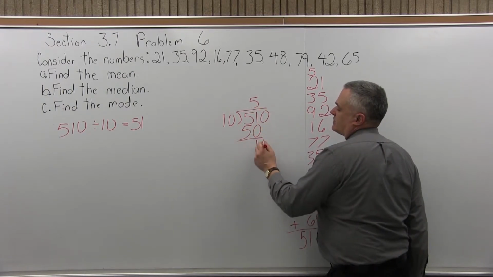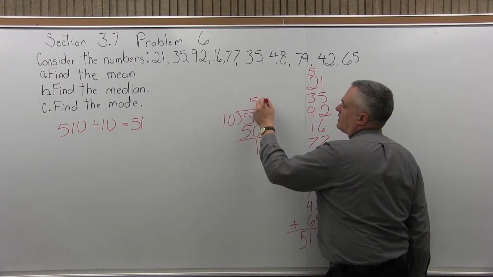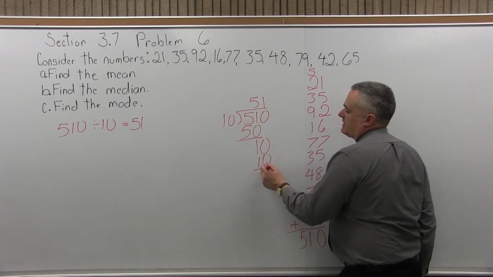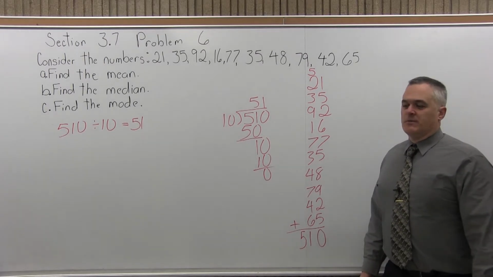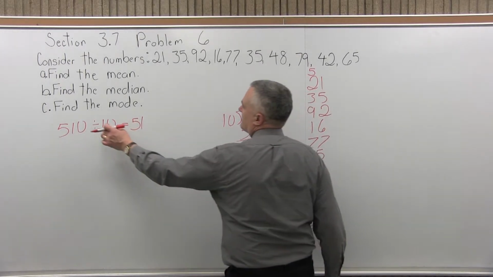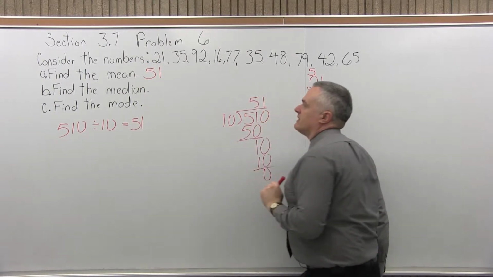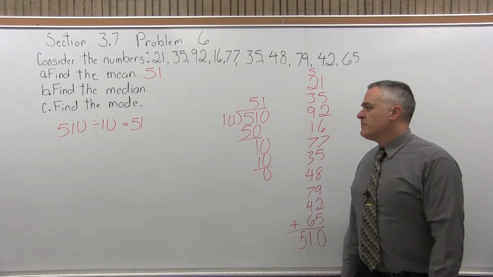Bring down the next digit, which is a 0. Put the 0 next to the 1, you make a 10. 10 divides into 10 once. 1 times 10 is 10. 10 minus 10, 0. And there's the 51. Again, I could see it because of the way the zeros match up. Usually dividing by 10 is easy, but if it's not, it's easy enough to figure it out the long way.